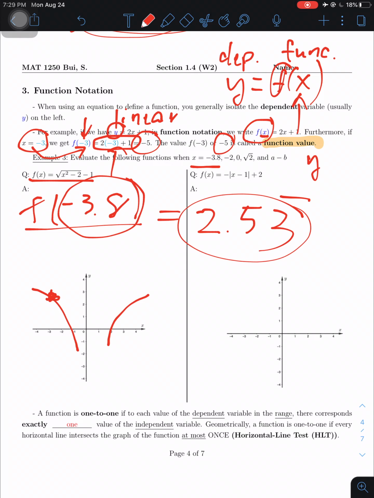Okay, and then let's see, if you plug in, say, x equals 3.8, you will have something, but guess what, it's not going to equal 2.53. Actually it is. Forget what I just said. Yeah, this one is the same procedure, so you're going to get the same thing as 2.53, and it's actually on the other side of the graph, so it's right here.